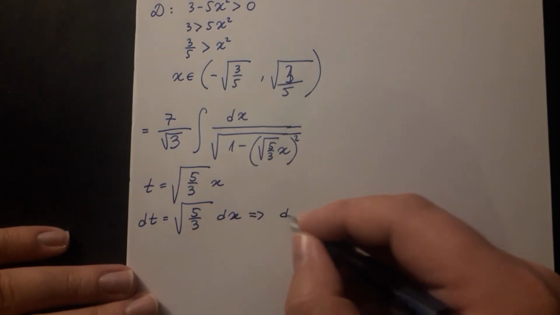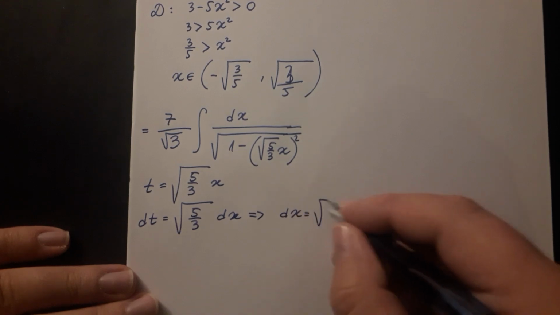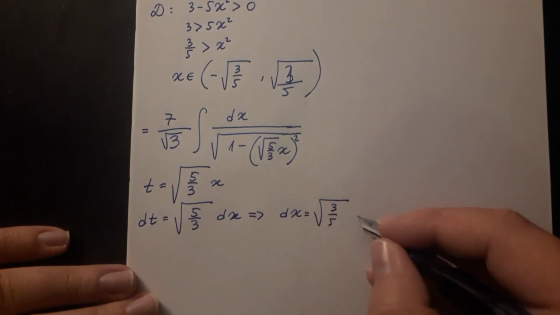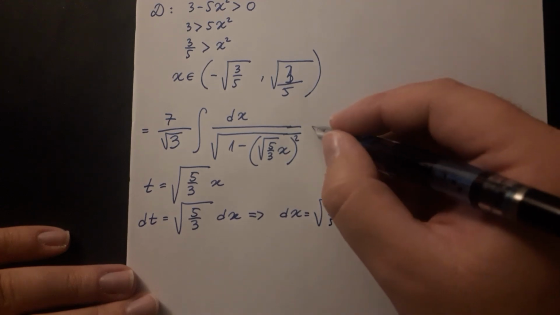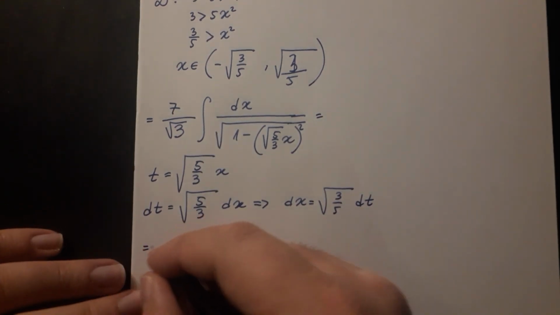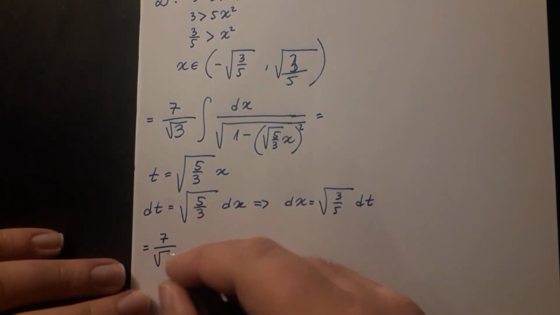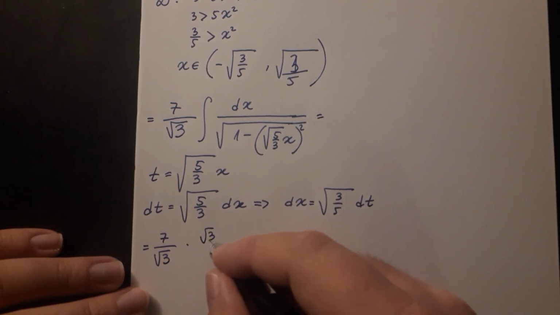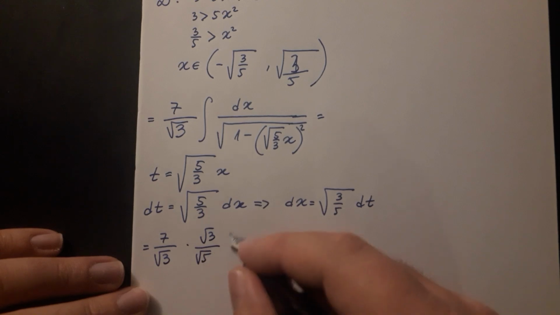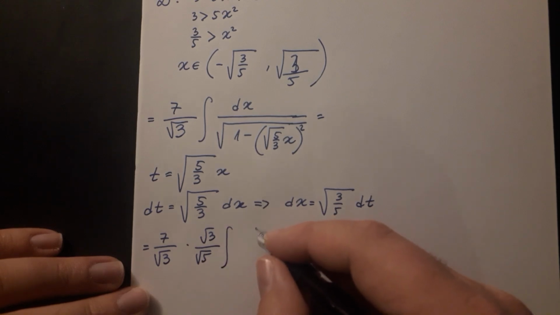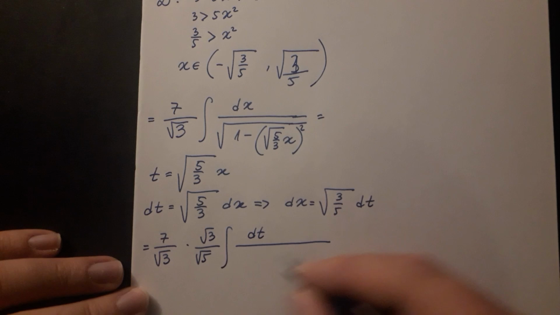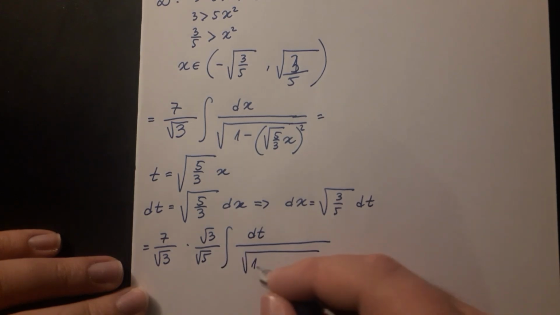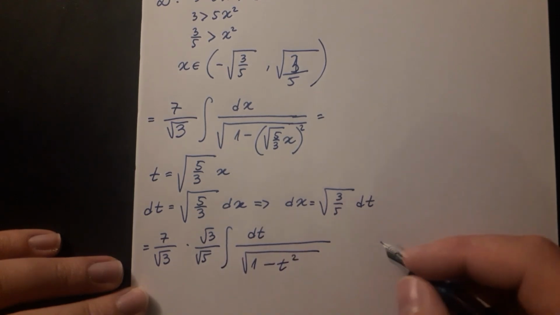Well, that makes dx to be a square root of 3 over 5 differential of t. This integral is then equal to 7 over a square root of 3 times a square root of 3 over a square root of 5 integral of dt over a square root of 1 minus t squared.